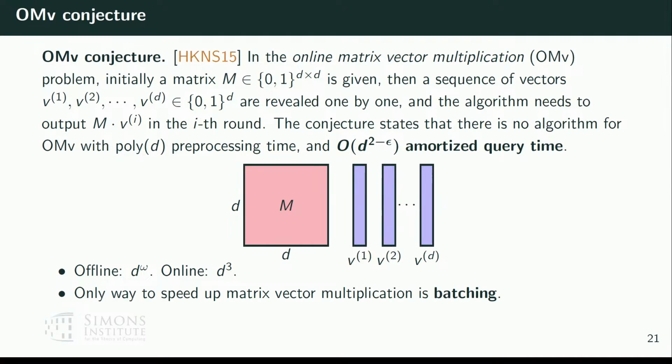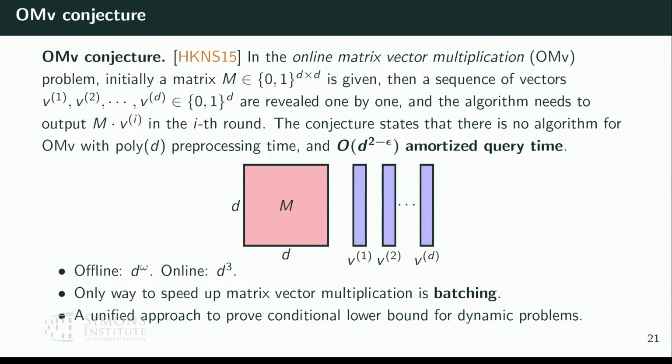So at a high level, this conjecture just says that the only way to speed up matrix vector multiplication is by batching these vectors together, and there's nothing better we can do if they're all online. And this is a unified conjecture that can be used to prove many conditional lower bounds for dynamic problems. A lot of them are shown in the original paper that defined this conjecture. It also holds if we have a number of queries instead of just d queries, and that's the version that I will use in our lower bounds.